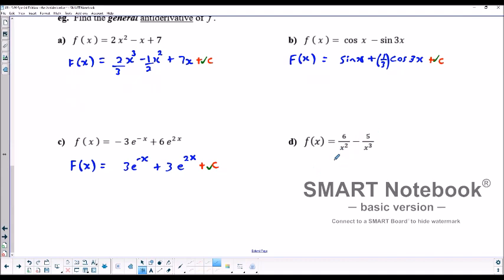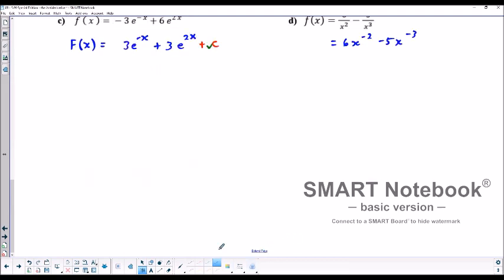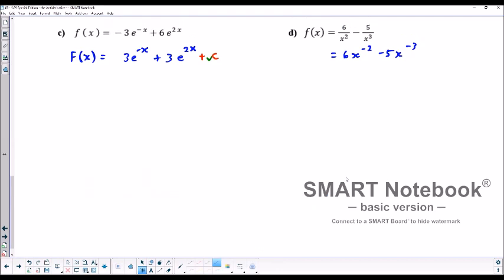Now for these ones, I'm actually going to rewrite this as 6x to the negative 2 minus 5x to the negative 3. I'm going to do that just so it'll make it a little bit easier to see what we have to do here. So again, we're now adding 1 to each of these exponents.